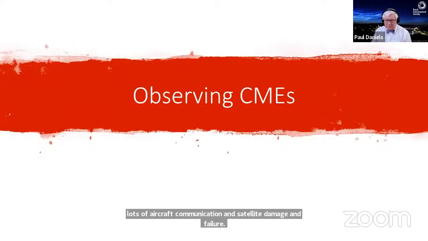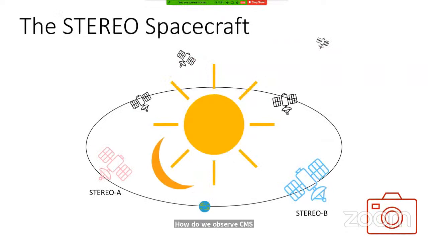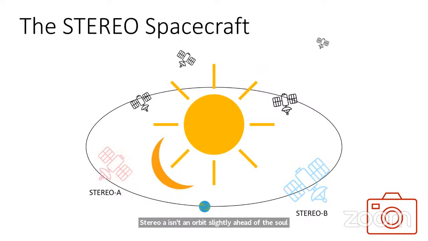How do we observe CMEs? There are many different spacecraft which image and measure CMEs. These include the NASA twin STEREO spacecraft, which are in orbit around the Sun. STEREO A is in an orbit slightly ahead of the Earth's orbit, and STEREO B is in an orbit slightly behind.